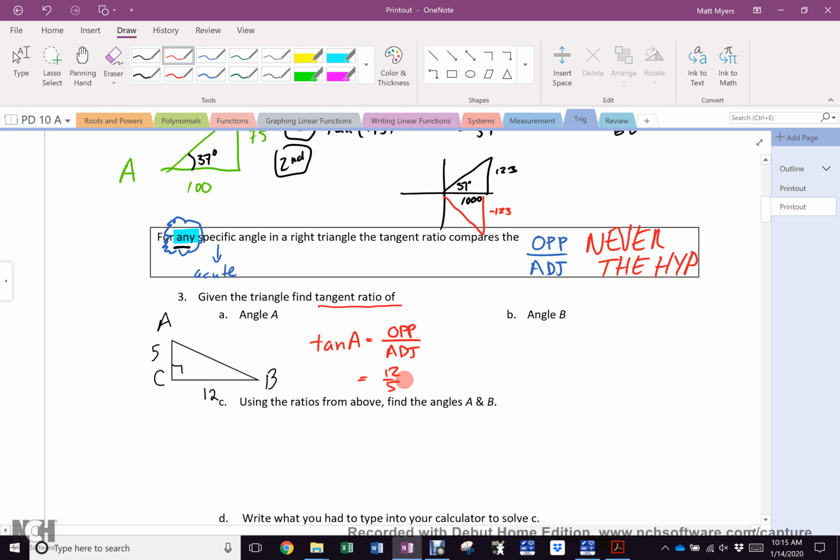You can't simplify that. 12/5 is as simple as it gets. What is tan B? 5/12. Now, tell me the value of angle A and angle B.